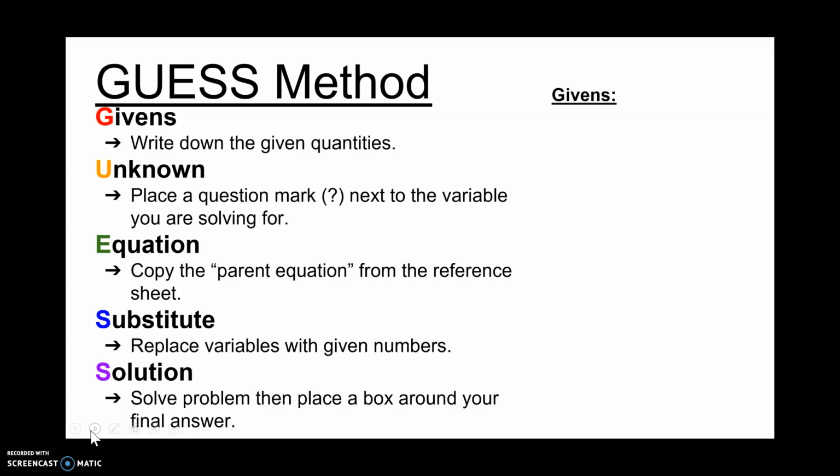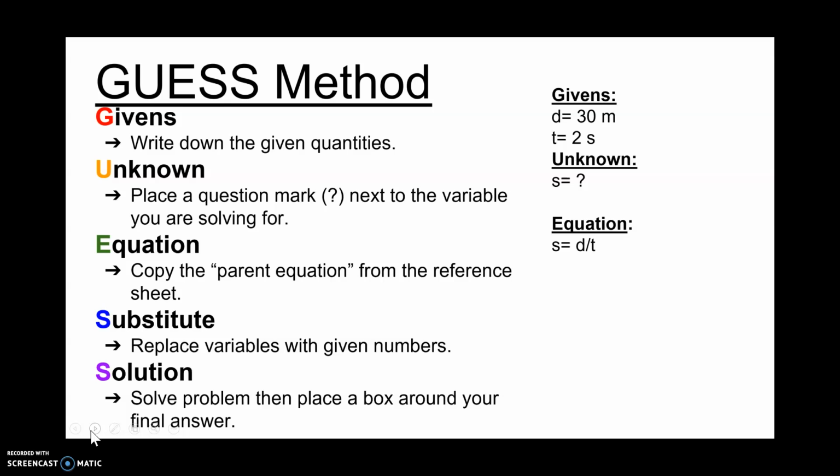So let's look at a problem here before I walk you through how to solve a word problem. So my givens in this case are that I have my distance of 30 meters, and I put D equals 30 meters with the units. T equals 2 seconds. My unknown, I don't know the speed in this case, so I put S equals with a question mark. The equation that I'm solving for in this case is speed.